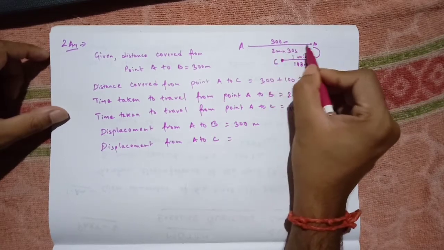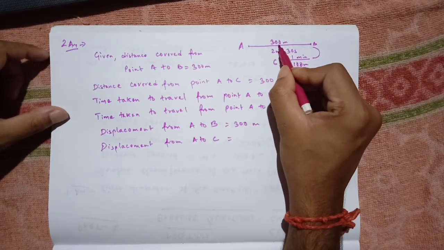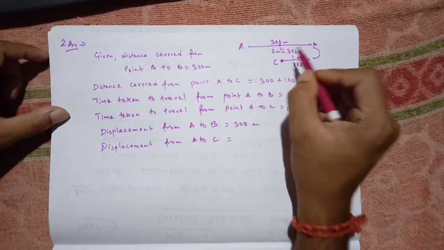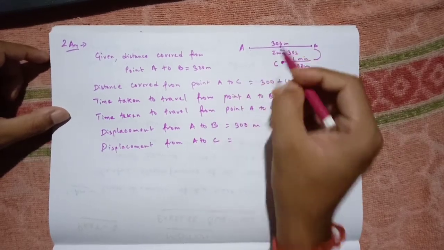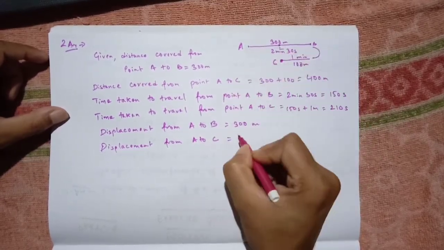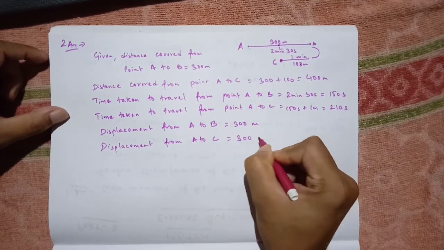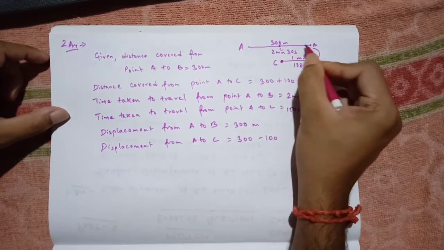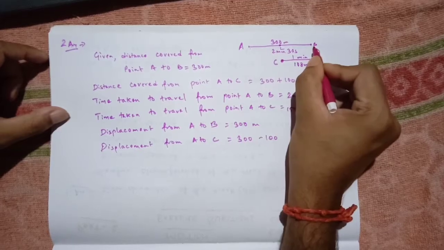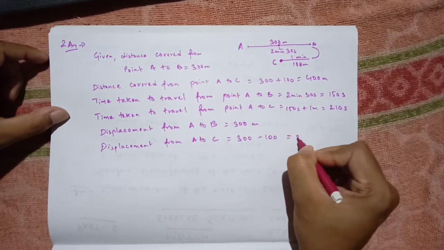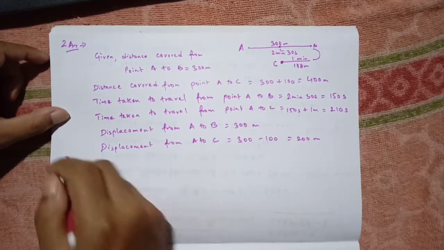So this C will be here. Now the displacement from A to C is 300 meter minus 100 meter, which is equal to 200 meter.